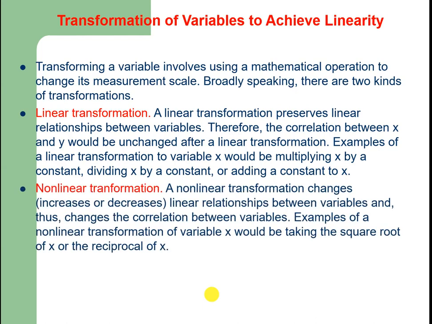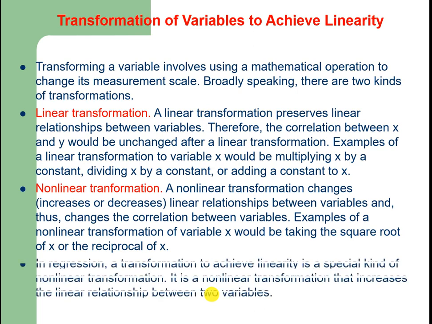Non-linear transformation changes, that is, it increases or decreases linear relationships between variables and therefore changes the correlation between variables. Examples of a non-linear transformation of variable x would be taking the square root of x, the reciprocal of x, the log of x, or taking the square of the x variable.